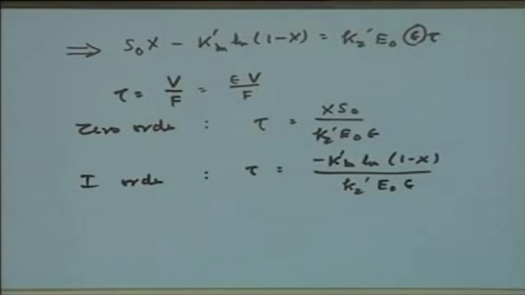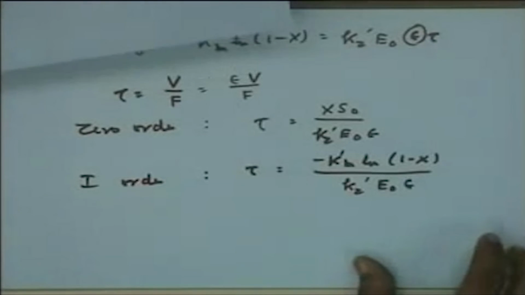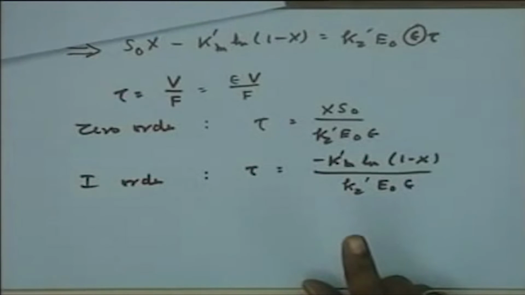Now, I think it's a very important feature which I would like you to recall, that the reactor performance equation for zero order design for both CSTR as well as for PFR are identical.